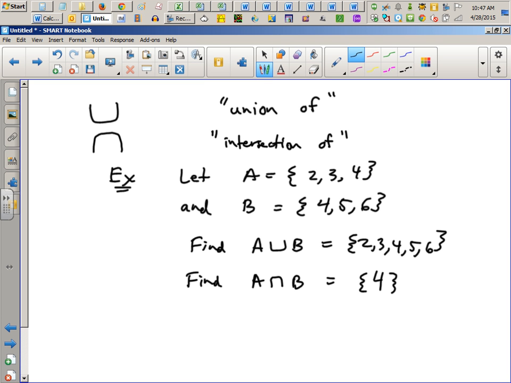It's kind of like the idea of LCM and GCF. Those are opposites. Okay, the union symbol you'll see when we do probability is actually pronounced OR, and the intersection is pronounced AND. Okay, so be flexible with these.